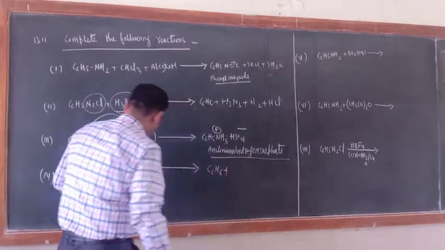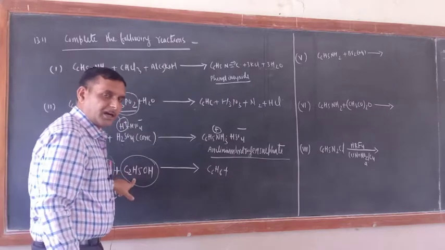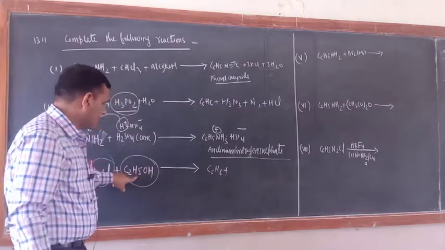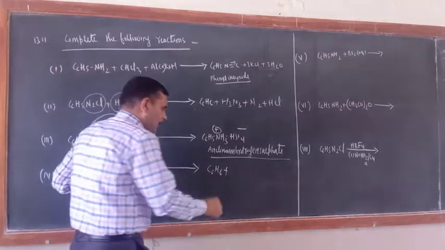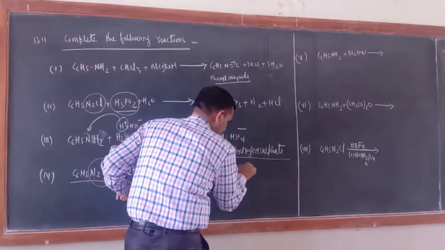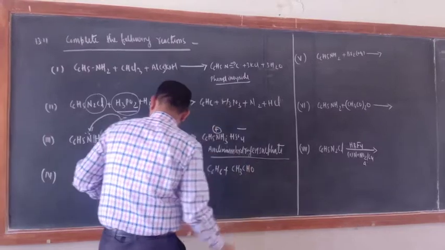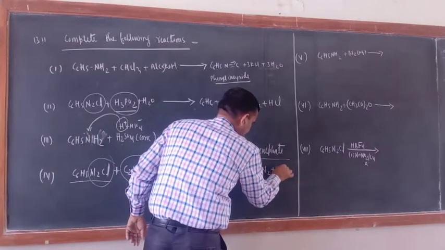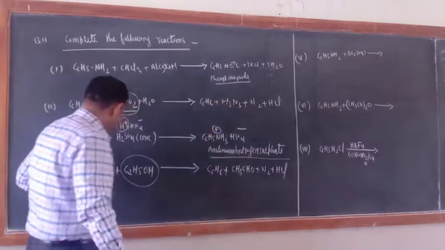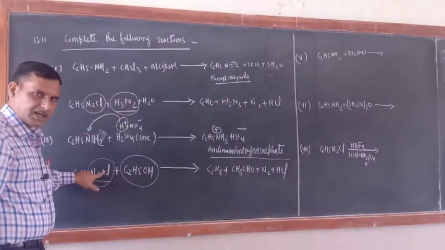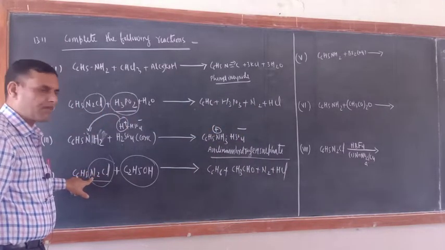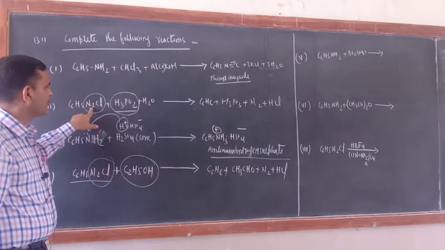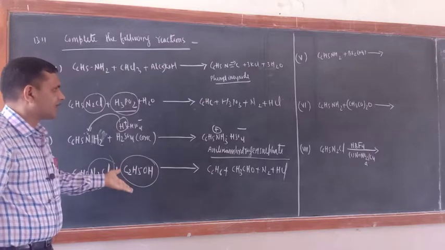C6H6, and since ethyl alcohol is a reducing agent, it must undergo oxidation. What is the oxidation product of ethanol? Acetaldehyde, CH3CHO, plus N2 plus HCl. Cl comes out in the form of HCl, and N2 comes out as nitrogen gas. Same here also, N2 and HCl. So very easily you can remember.